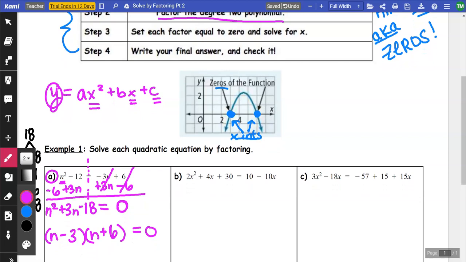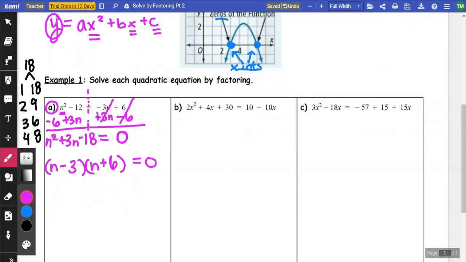Step 3, set each factor equal to 0 and solve for n. So down here, we're going to set n minus 3 equal to 0. That's one of our factors. And then the other factor is n plus 6, so n plus 6 equals 0. Remember the zero product property? If something times something equals 0, then either this needs to equal 0 or this needs to equal 0.